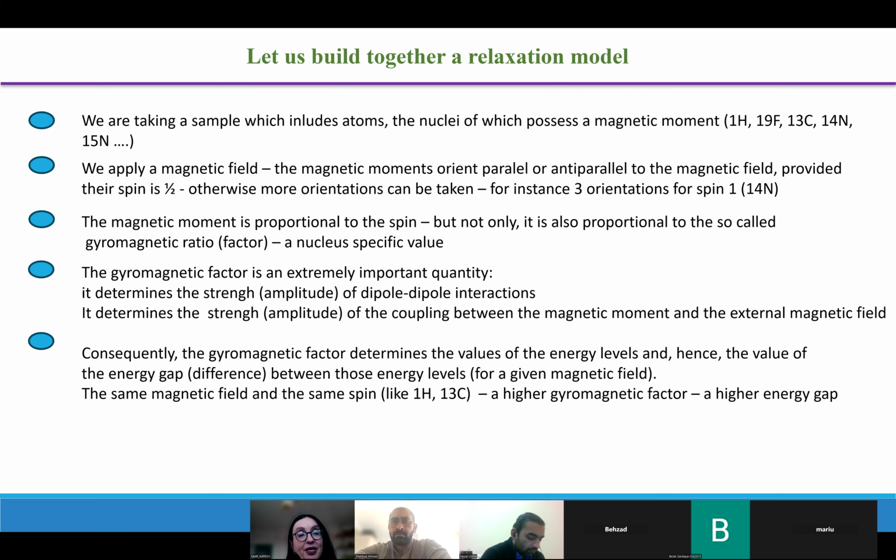The same thing is happening here. The gyromagnetic factor determines also the energy levels, which correspond to the parallel and anti-parallel orientation, because as I said, it determines the strength of the coupling between the magnetic moment and the external magnetic field. So as it determines the strength of this coupling, it also determines the energies of those interactions, yeah?